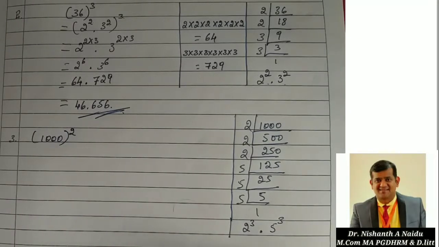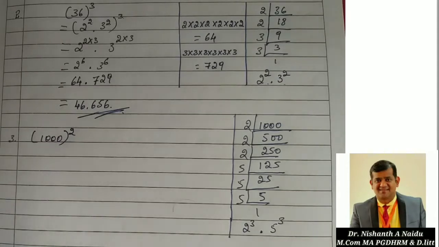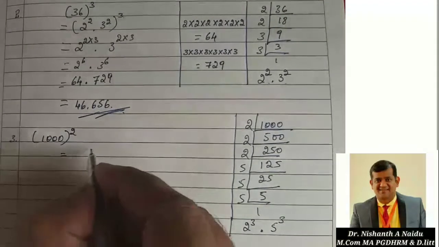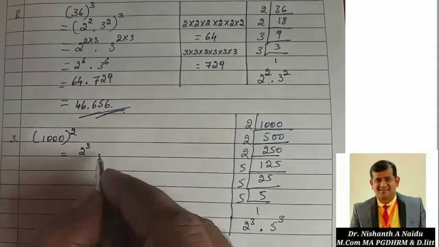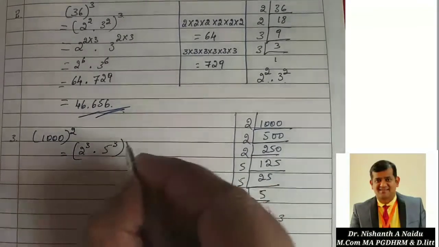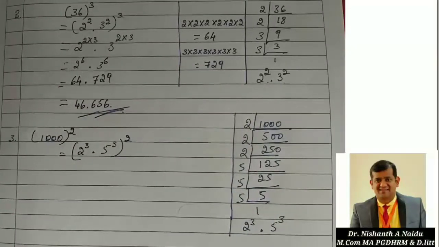Your answer of LCM is 2 to the power of 3 and 5 to the power of 3. So for this now you are supposed to convert. So how do you convert? So first you are going to write 2 to the power of 3 into 5 to the power of 3 whole power 2, correct.